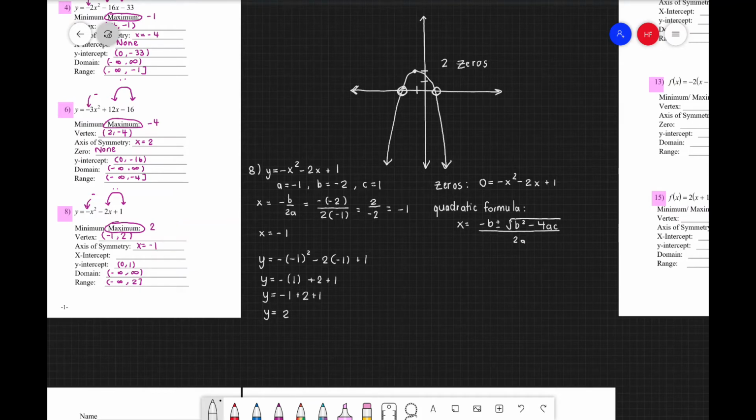So we're using the quadratic formula, and we've got x equals negative b, so positive 2 instead of negative 2, plus or minus the square root of b squared, 4, minus 4 times a times c, and that's all over 2 times a.